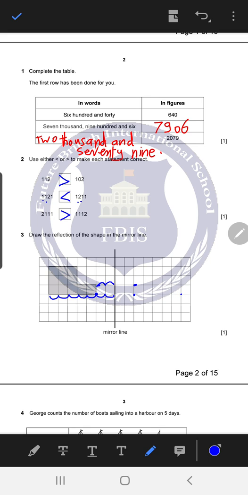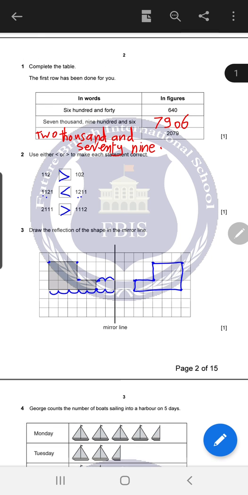It will be here, and this one is also 7. Its image will be here. This one is 4. The image will be here, and this one also is 4. Its image will be here. Then we join these points with our ruler. I don't have a ruler, so I did it with my hand, but you should draw it with your ruler.